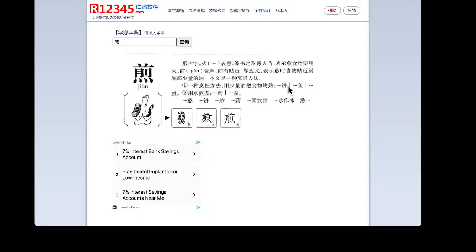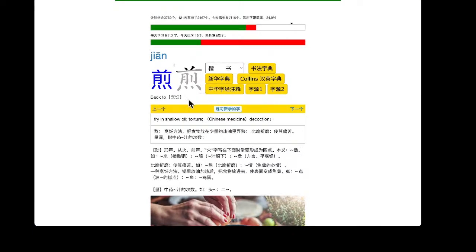So over here, that means you are getting the food near the heating surface, right? So you put oil in the pan, and then you put the food in. Basically, you are cooking the surface of the food, and inside the food, you want it just cooked, and so it will be tender. Okay, so that's one way of cooking food called 煎.